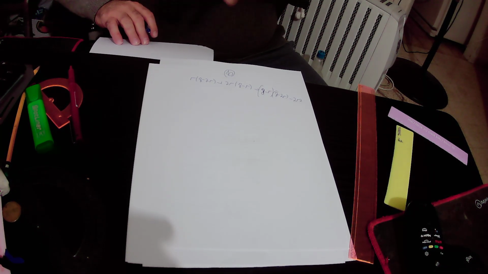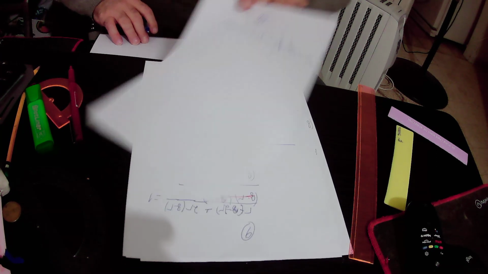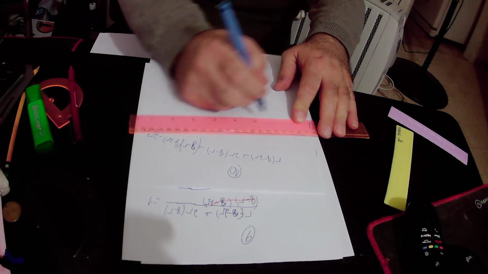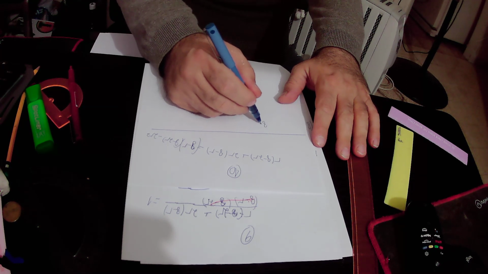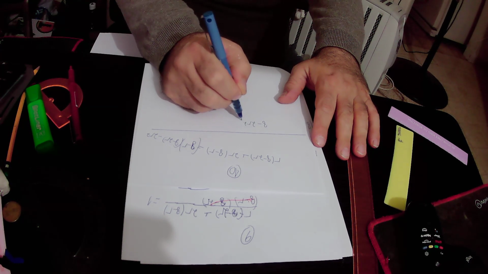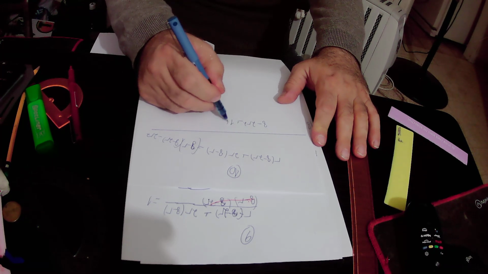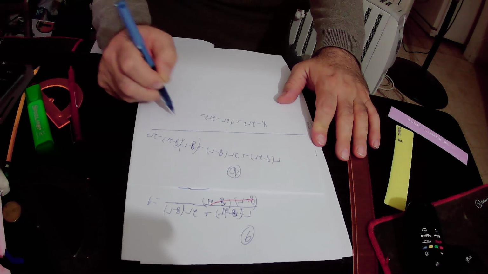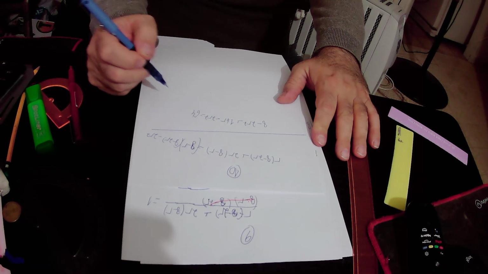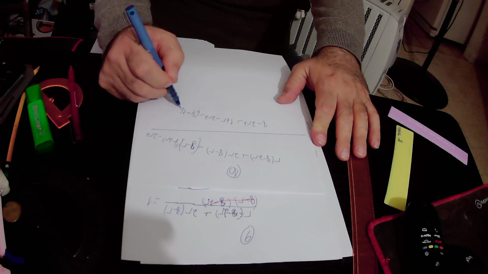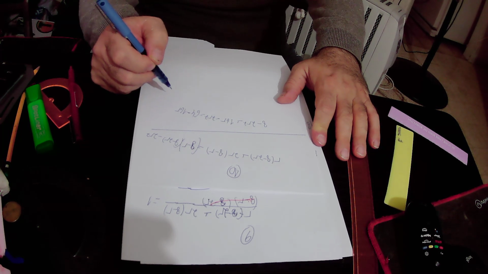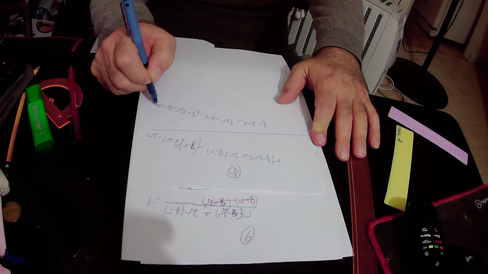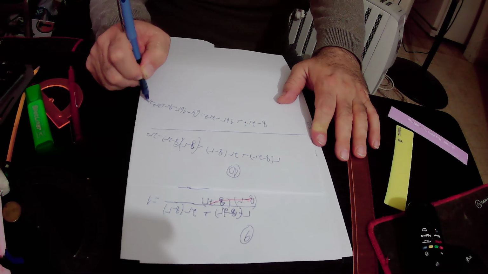We will open the brackets in this expression and we will get that 8r minus 2r squared plus 16r minus 2r squared equals 64 minus 16r minus 8r plus 2r squared minus 2r squared.